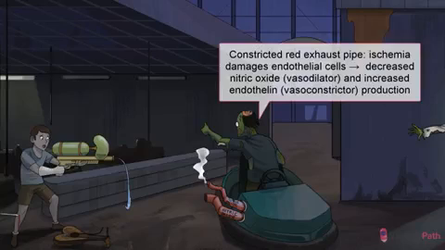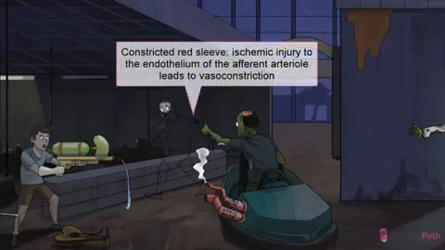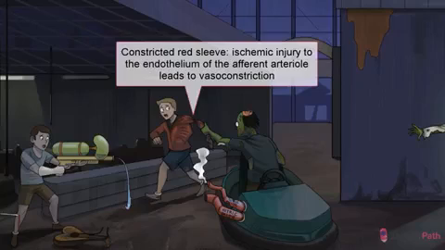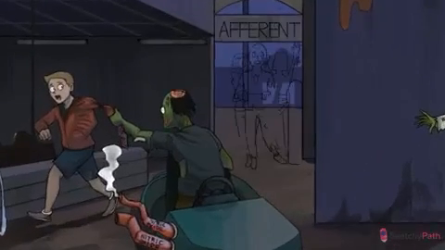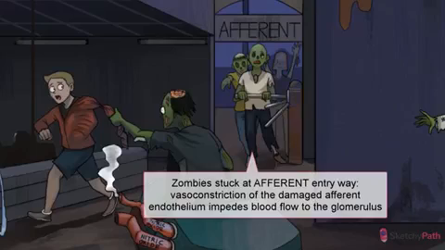Just think of this nitric oxide exhaust pipe, all damaged and constricted, unable to produce that sweet gaseous nitric oxide crucial for proper vasodilation. So, as you can see, we've got vasoconstriction. Yeah, he's a goner. Really should have rethought the long sleeves. This impedes afferent blood flow to the glomerulus. Hence the park attendees there, stuck at the afferent park entrance.